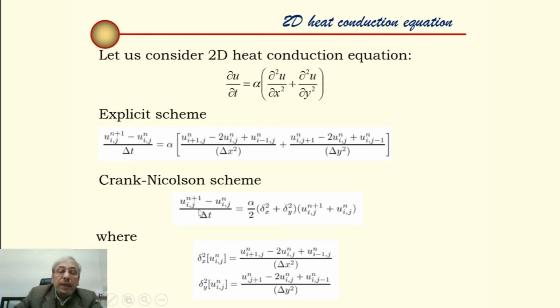Whereas when we use the Crank-Nicholson scheme, we write in the same way uij n plus 1 minus uij n by delta t equal to alpha by 2 delta x square plus delta y square. These delta x and delta y are operators operating on uij at n plus 1th level and uij at nth level.